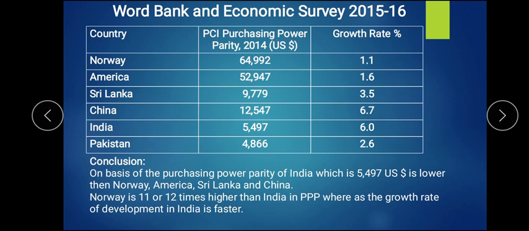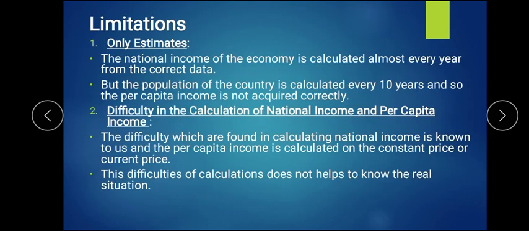India has 5,497, as per the 2015-16 survey, approximately 5,500, which is 11 to 12 times lesser than Norway. So India is at a backward stage, still a developing country. Though the growth rate is high, the purchasing power parity is very low compared to developed countries.